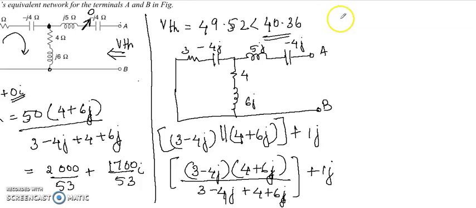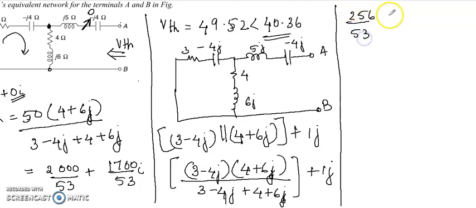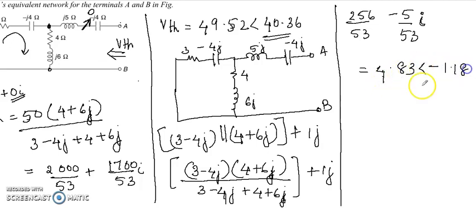Again, we can put this in a calculator and we will get it as 256 divided by 53 minus 5 by 53i, and we can use a calculator again to find its polar form, which is equal to 4.83 angle minus 1.18. So now we have found the VTH and RTH.